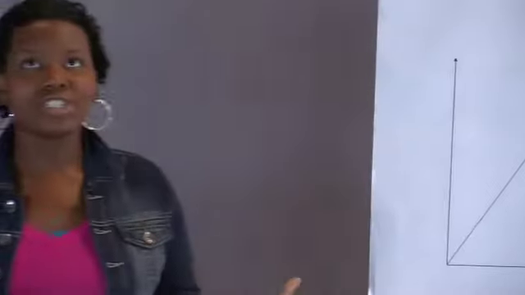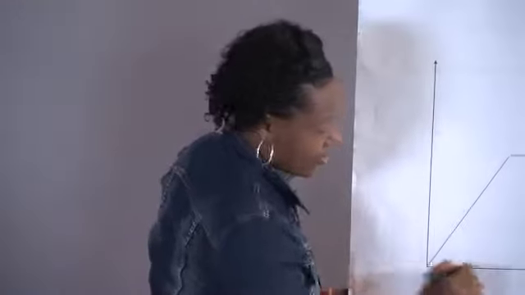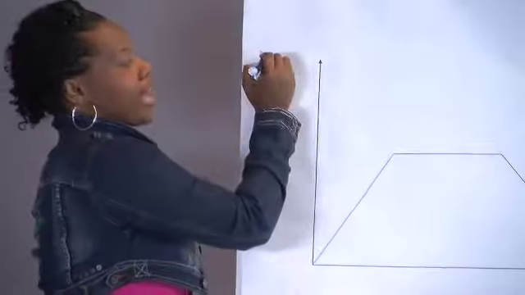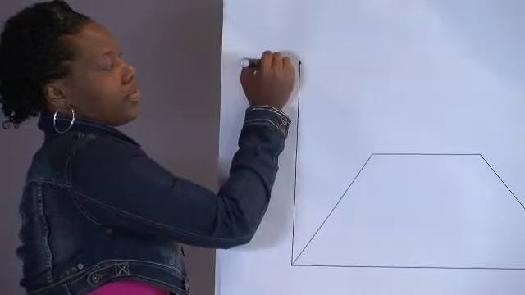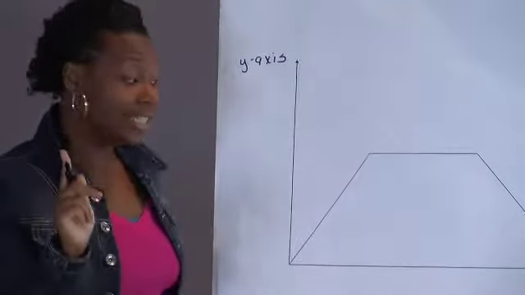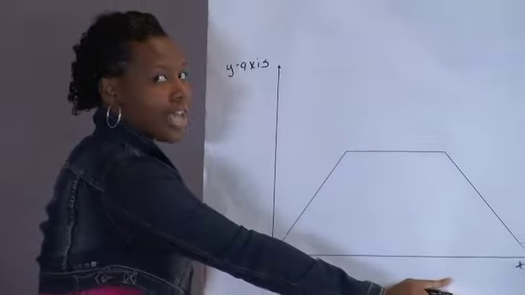Now, here's what you do. Think of a situation that applies to yourself, okay? It's easier to determine the two things that you're going to talk about. Here's a situation that I'm going to use. Doesn't mean that you have to use it, Melanie, but you can if you want to. We know that this is the x-axis, and here's the y-axis. Anything that's independent will go on the x-axis.